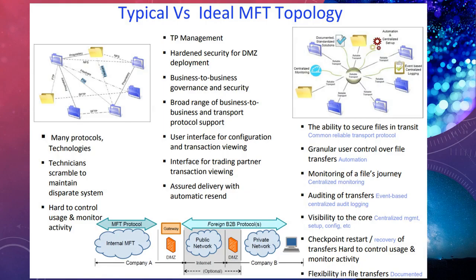So before we get into the IBM Sterling File Gateway overview and what are the capabilities of the product, I wanted to quickly talk about a typical file transfer topology versus an ideal MFT topology. So before MFT came into picture, if you see on the left hand side, when it comes to file transfers, it was always meant to be point to point connections, which used to use different kind of protocols like SFTP, NFS, FTP, FTPS, or there are different proprietary protocols as well.